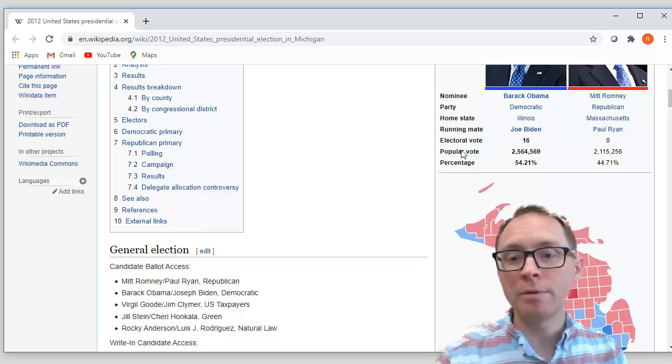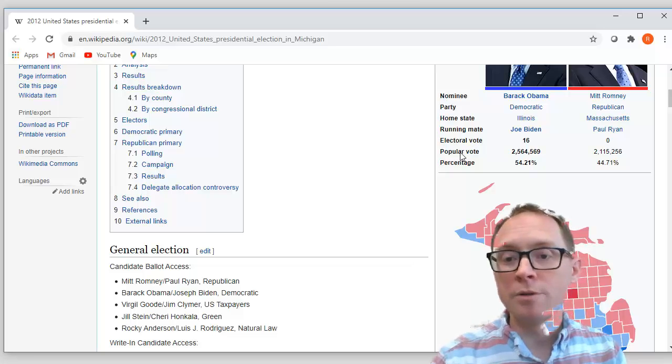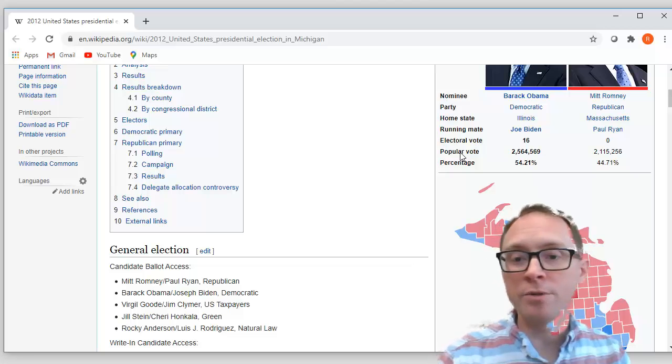So, for example, in this case, we see that Barack Obama in 2012 won 2,564,569 votes, whereas Mitt Romney got 2,115,256. Okay?